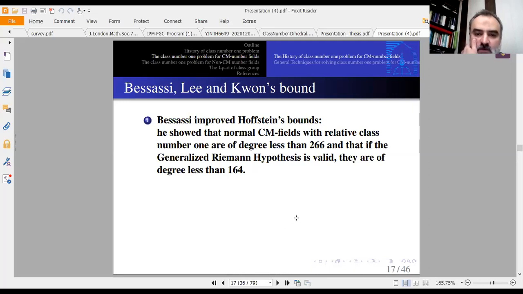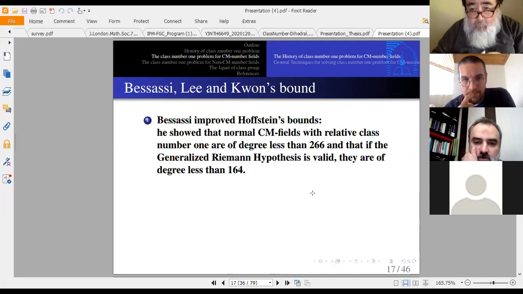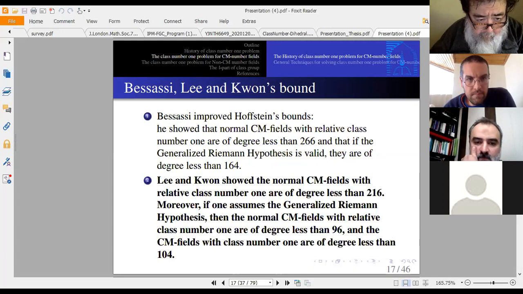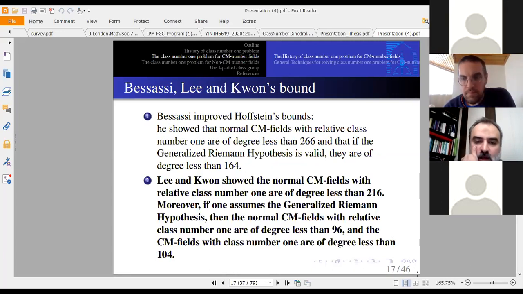This bound, Hofstein's bound, was later improved to 266. And if GRH is true, then actually you only need to go to degree less than 164. Now, for those looking at relative class number 1, there were many people, among them Li and Kwon, who showed that those that have relative class number 1 and are Galois and complex multiplication have degree less than 216.